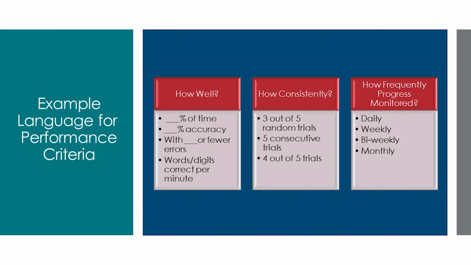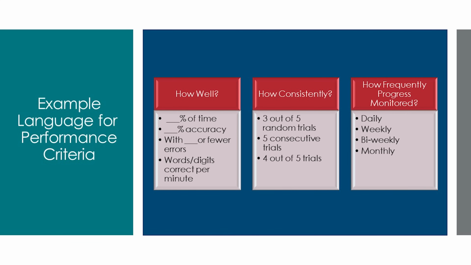So the how well, or the criterion level, indicates the performance level the student must demonstrate. Some examples of how well are the percentage of time, the accuracy, with how many or fewer errors, and then words, digits that are correct per minute. So how well do you want to see the student perform this behavior?